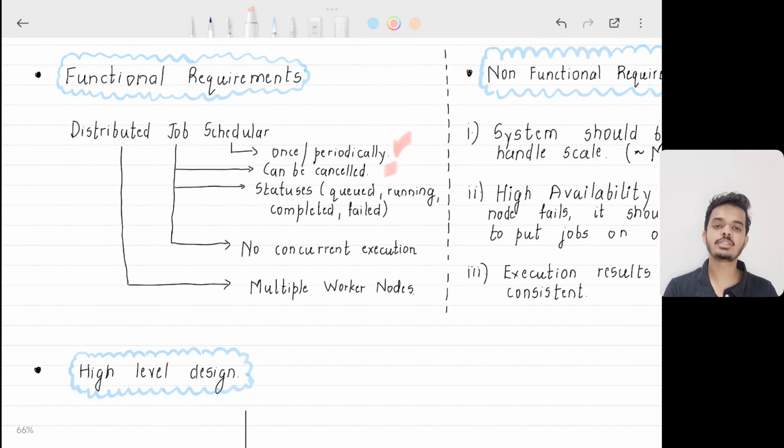As we discussed, there are going to be a lot of host machines, so the job scheduler should make sure that a single job is not scheduled at the same time on two different machines. It should make sure that a job is scheduled on a single machine only. And of course, it should be able to handle multiple worker nodes. So these are the functional requirements.